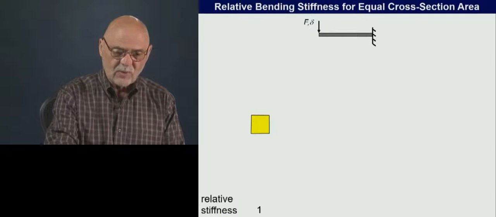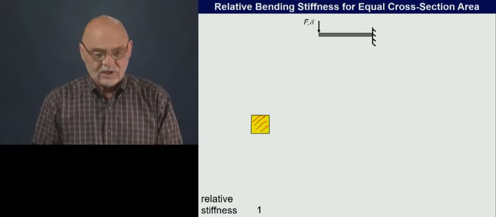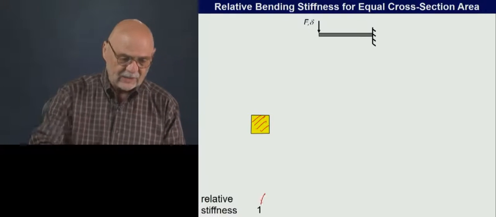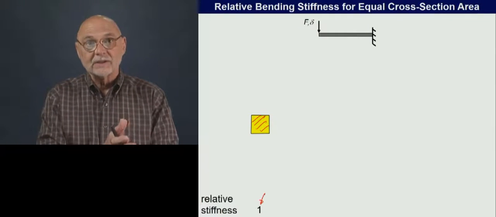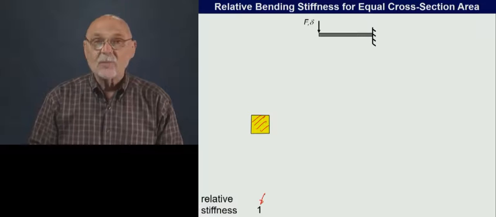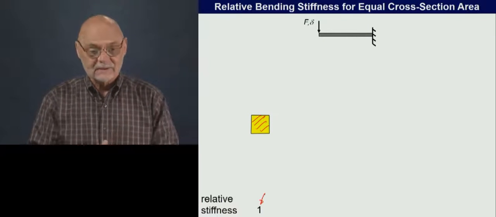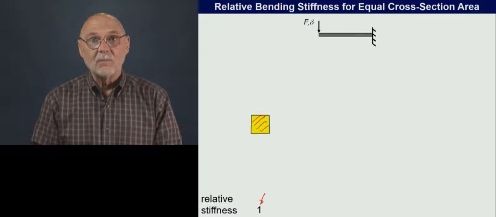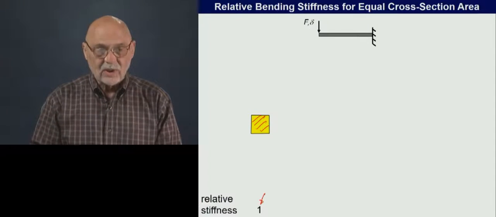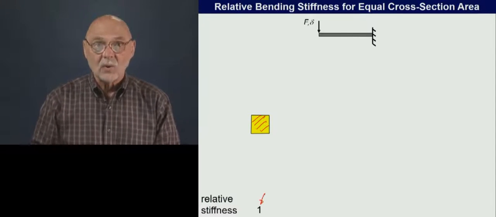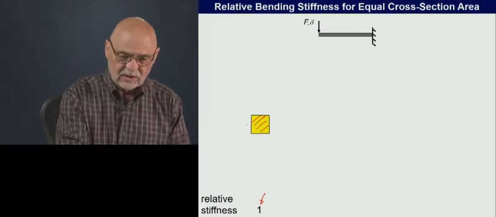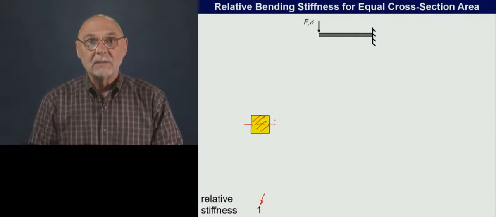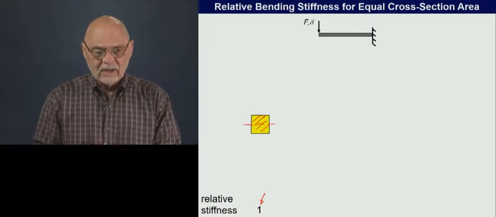So here's the starting point. We have this square section. We're just going to say that has a relative thickness of 1. That's the baseline. From what we talked about in the first or second lecture when we talked about moments of inertia, we know that we want to get the material farther away from the neutral axis, which is right here, and that will make the beam both stiffer and stronger.